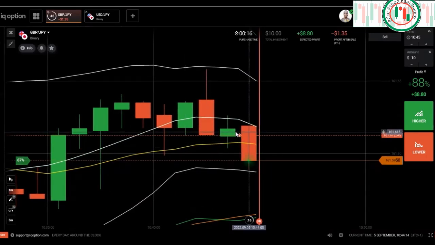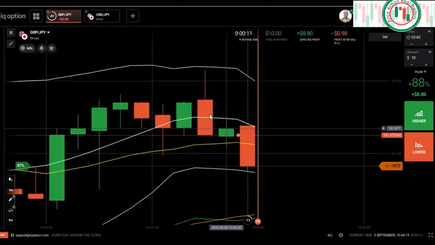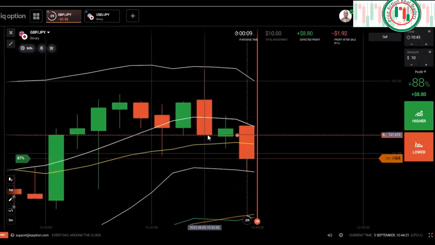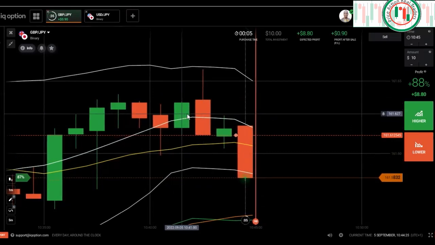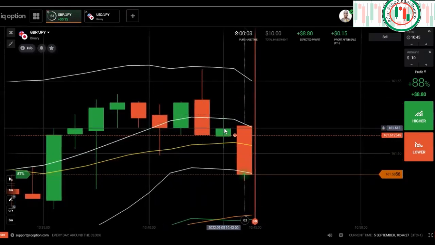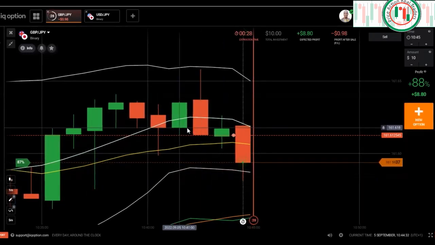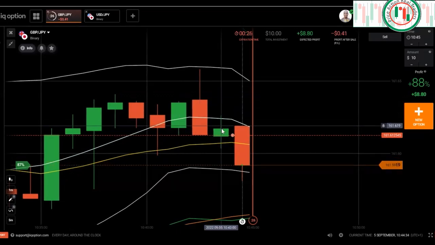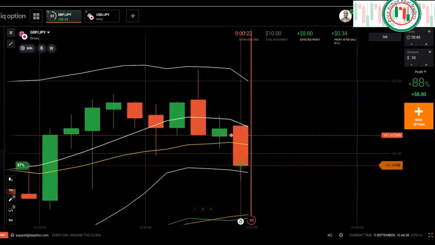I place my trade a bit late, but no problem, because this is the engulfing. This red candle engulfs this green candle, and you see market comes back and closes exactly at the opening price of this red candle with the rejection. So now I know market must go down.